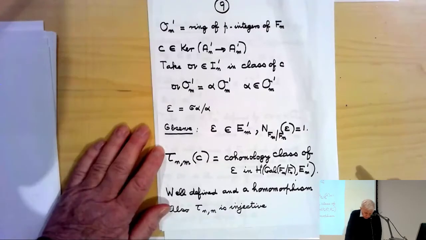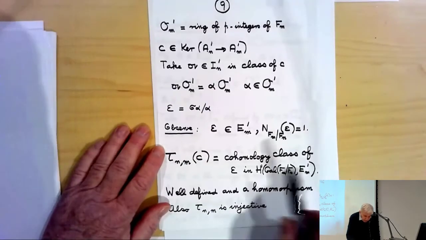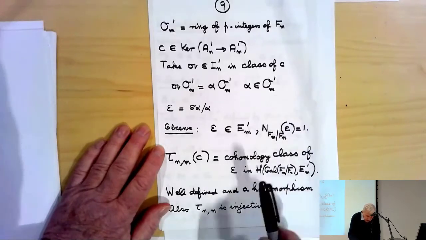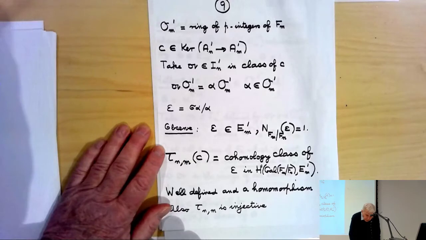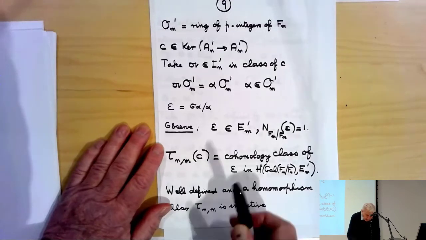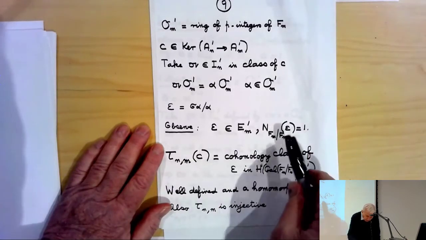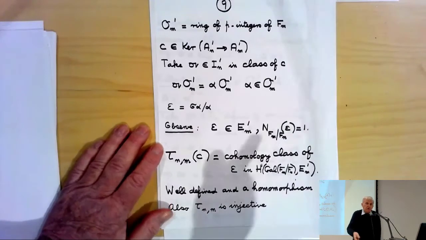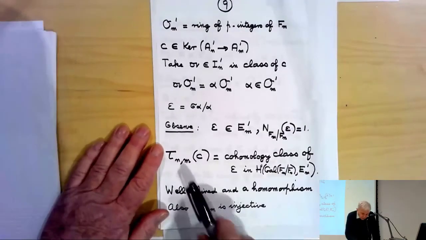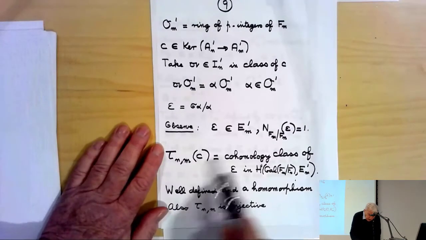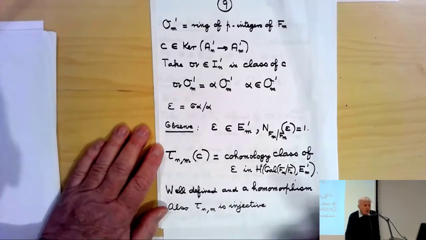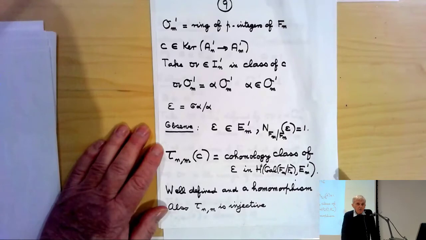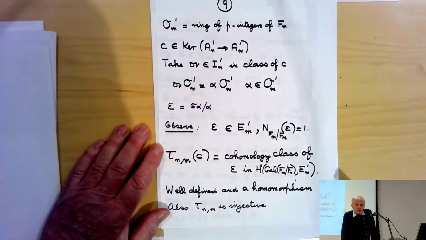So, and now let me remind you that the cohomology, the H1 of this will be the units of norm 1 over the units which obviously have norm 1. So now I'm going to take tau NMC to be the cohomology class of epsilon in the H1. So this is the map.